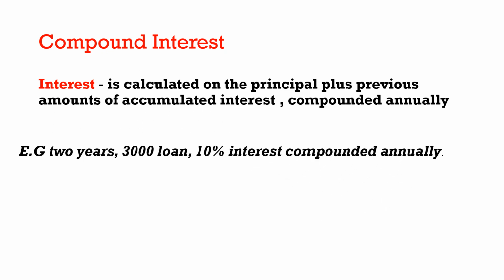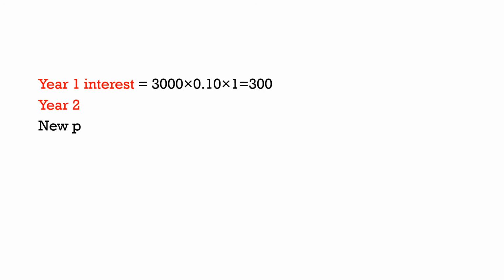A 2-year, 3,000 loan with 10% interest compounded annually. In year one, you take principal times 0.1 times 1, which gives you 300. So they will make 300 interest in the first year. What about the second year?